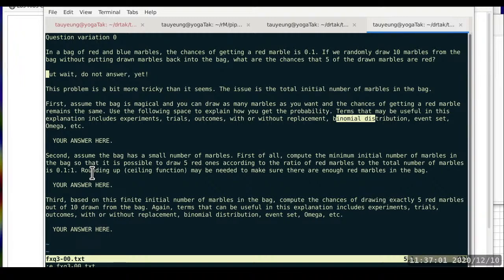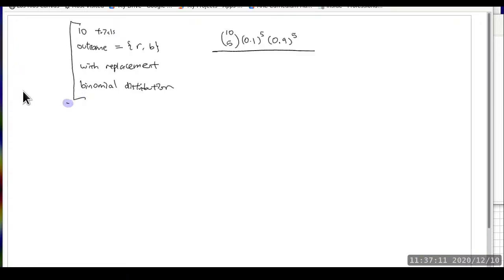And the question is asking the minimum number of marbles, counting both red and blue ones. So that means the answer is just going to be 50. The answer to the second part of this question is 50 because we are looking at 5 red marbles, which is what we need to have as a minimum, and then we divide it by its proportion in the bag, and that will give us 50 marbles altogether.